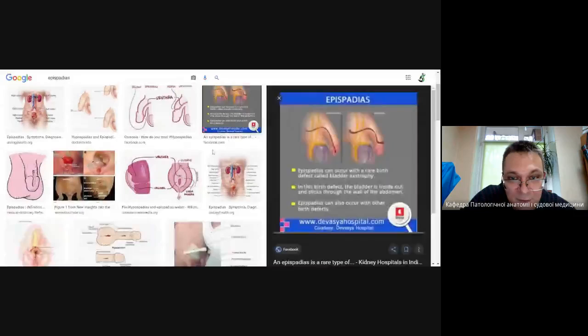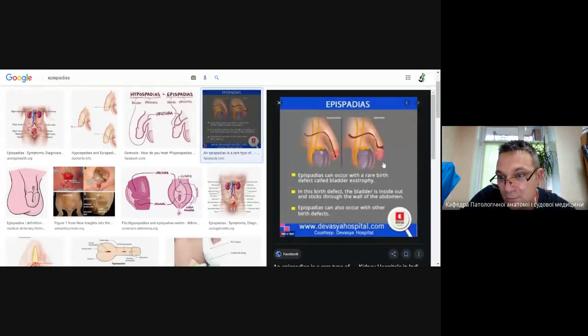Yeah, that's on the dorsum. You see, there's the normal appearance. Do you see what I see? That's the normal appearance of the urethra, and that's on the dorsum exactly.